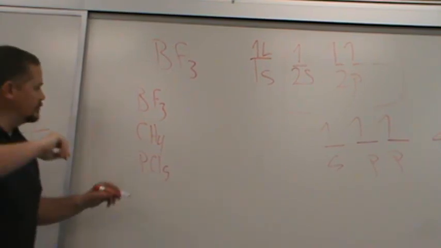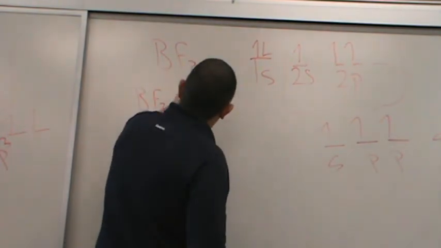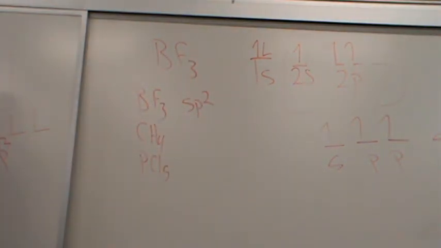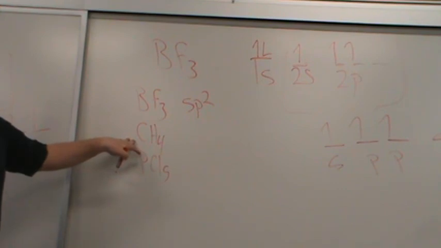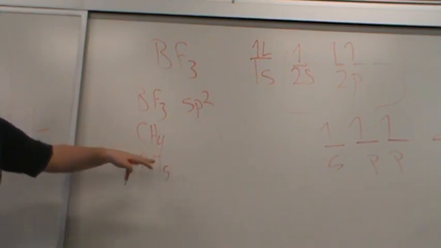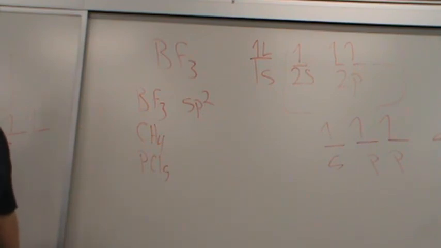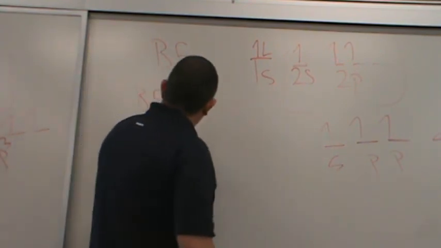The hybrid orbital was sp2. We had CH4. We had 4 things coming off that one, right? What did we say the hybrid orbital is going to be for that one? sp3.